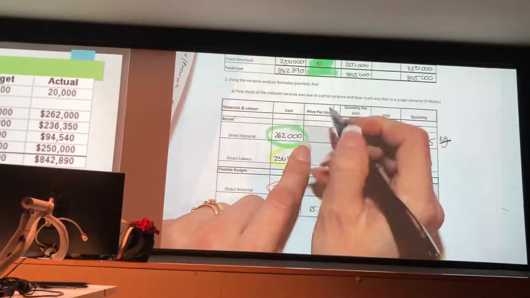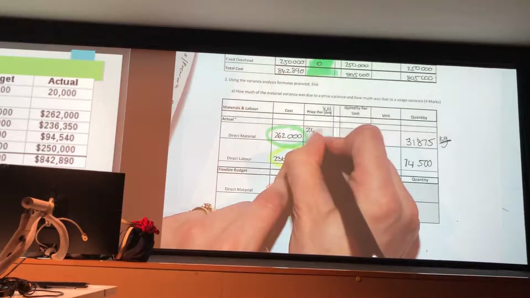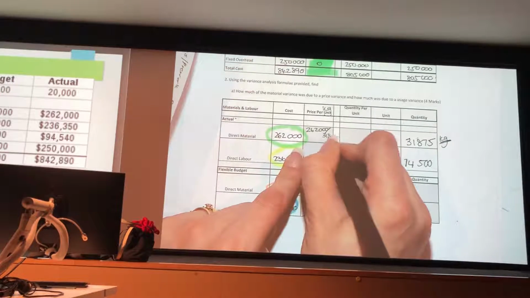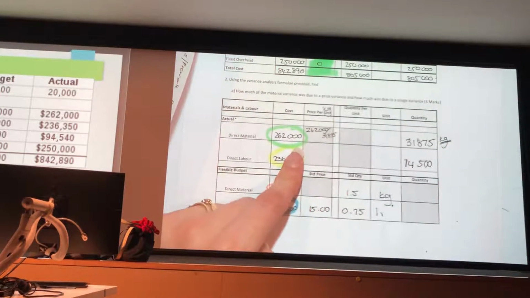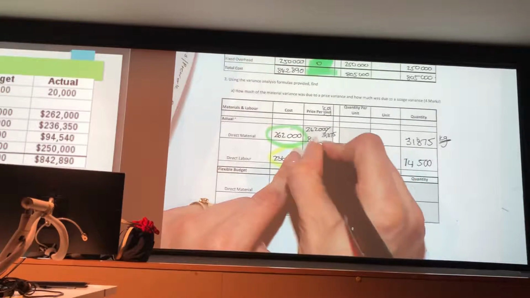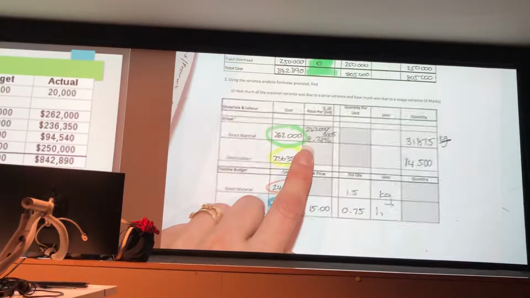How much is it per kilogram? So you would go 262,000 divided by 31,875. 262,000 divided by 31,875 gives me 8.2196. I'm just going to write that there for the minute.